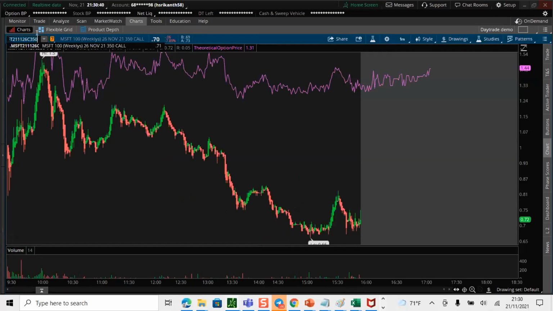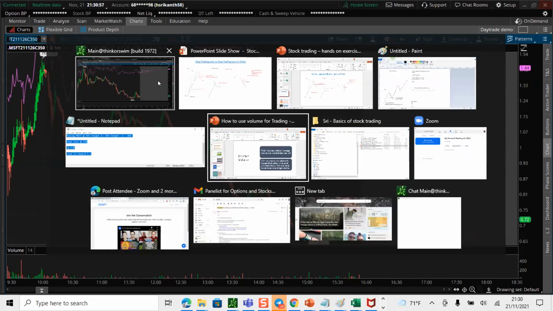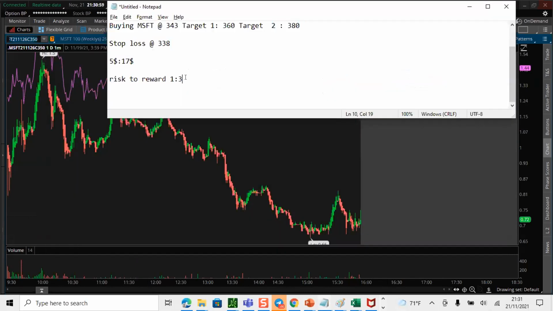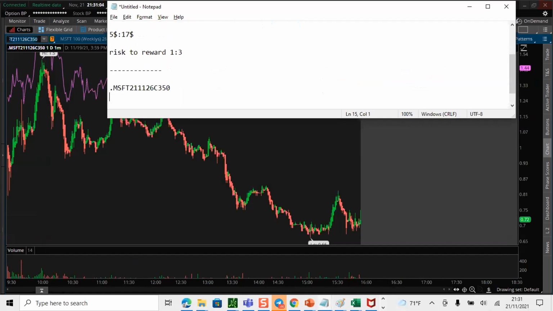Okay, so this is the option chain, and you can see nice descending. Usually, options are premium based, right? Okay, let's say buying Microsoft 350 calls, November 26th expiry.